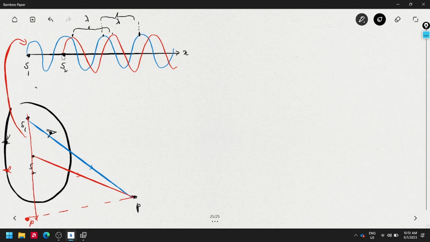But the thing is, the position of both sources is different. So maybe this one reaches 0 at this point P. This is point P, yeah? But the one over here is almost the negative of the amplitude.